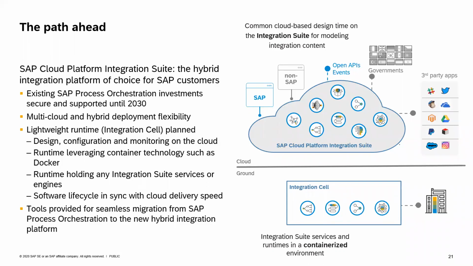We are looking at leveraging containerized technologies like Docker, which means that the design, the configuration, the monitoring can be done on the cloud, but the customers will have the deployment flexibility so that all these integration patterns that you would have created on the cloud can also be run on the on-premise landscape if required. So the on-premise runtime shall support all the functional, non-functional capabilities that are being supported by the integration suite at this point in time, and that is what we are looking at in the future, right?